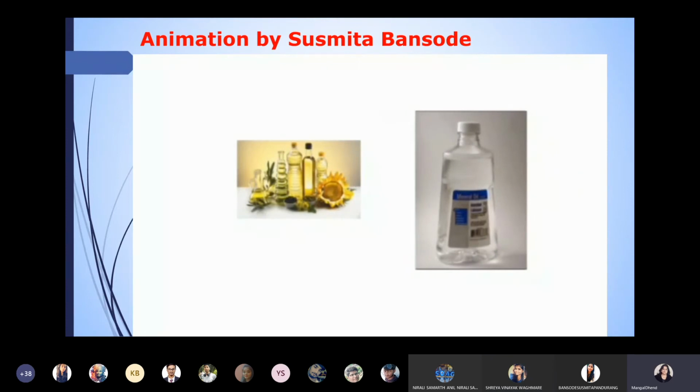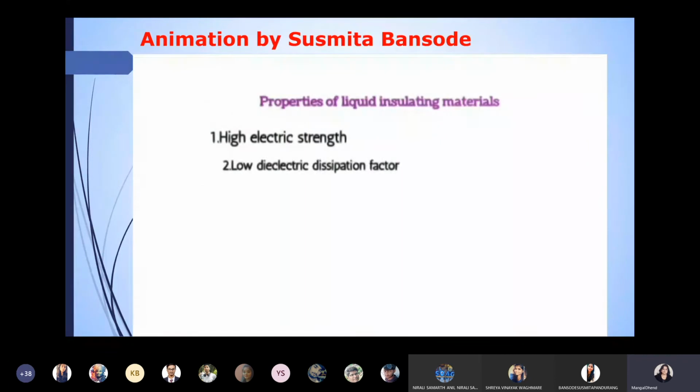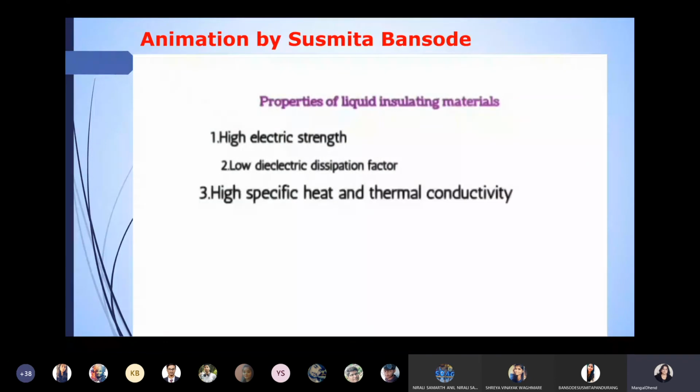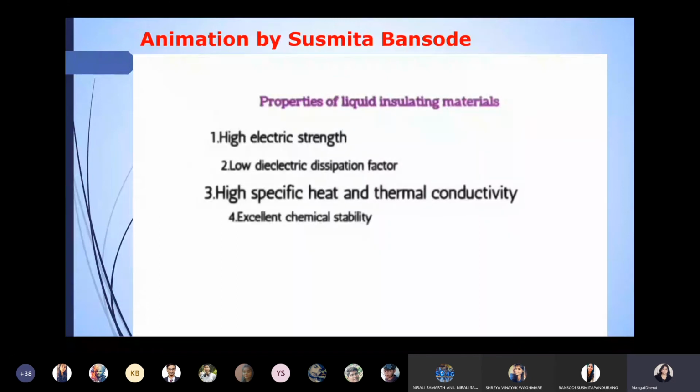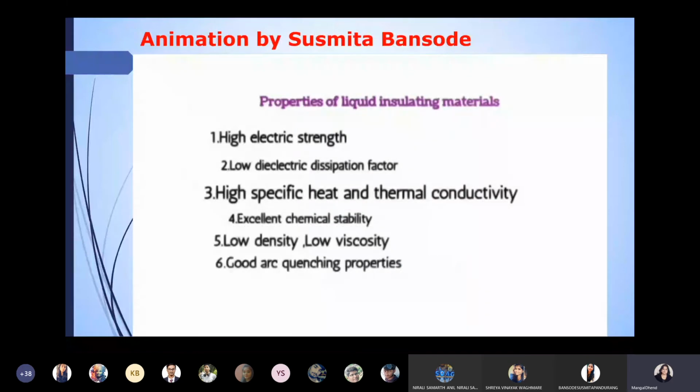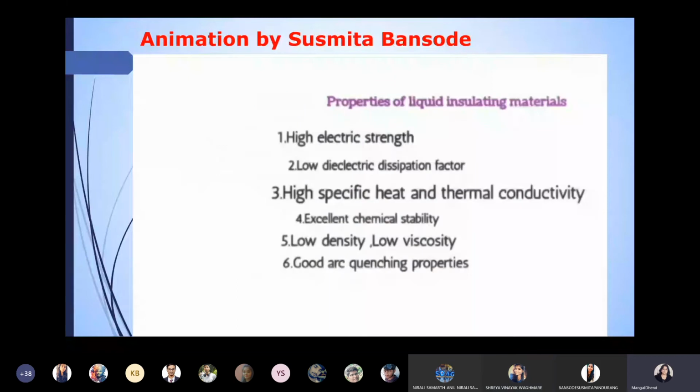Properties of the liquid insulating materials: they have high electric strength, low dielectric dissipation factor, high specific heat and thermal conductivity, excellent chemical stability, low density and low viscosity, and lastly good arc quenching properties. Then we are going to study petroleum mineral oils.